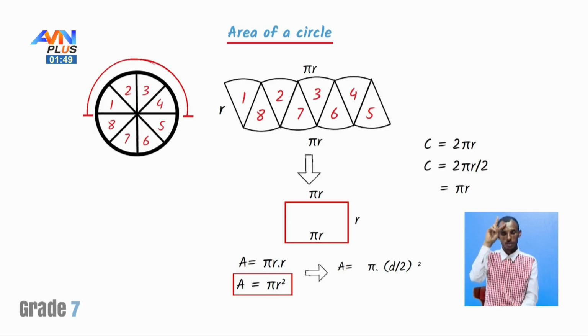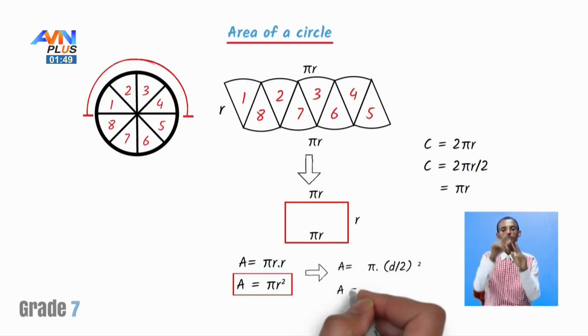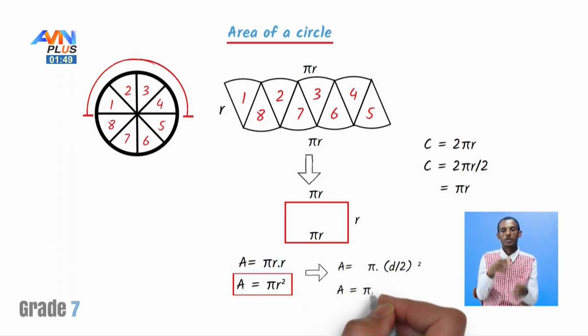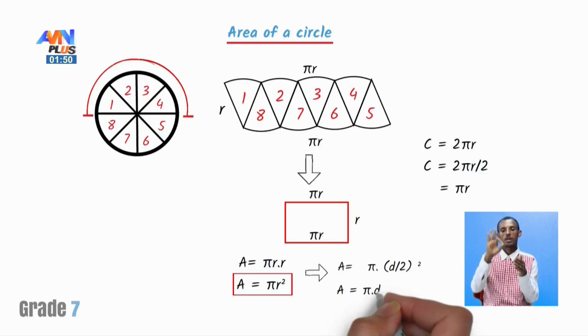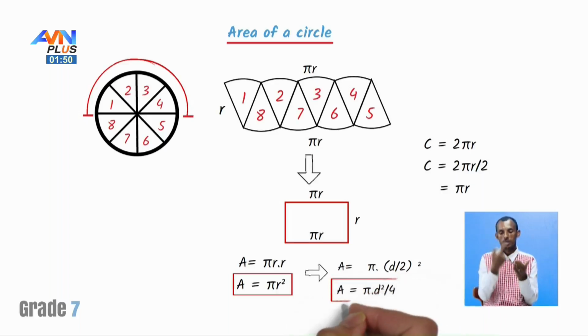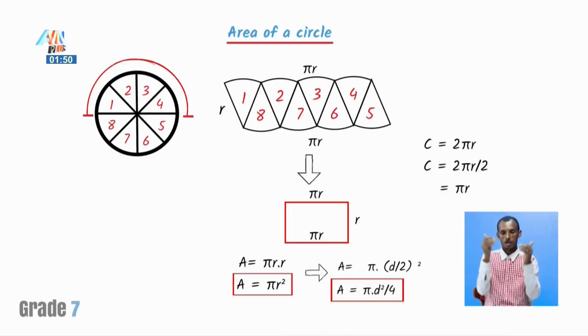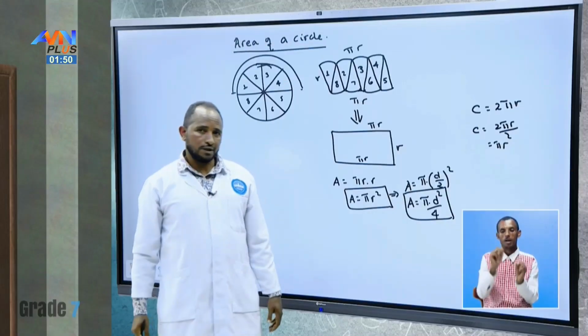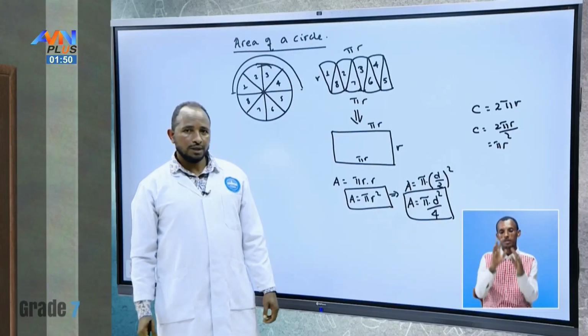So this will be equal to pi times, when you square this, you have diameter squared, 2 squared is 4. Area is equal to pi radius squared or pi d squared over 4. So we can use this equation to calculate the area of a given circle. Now, let's proceed to an example.